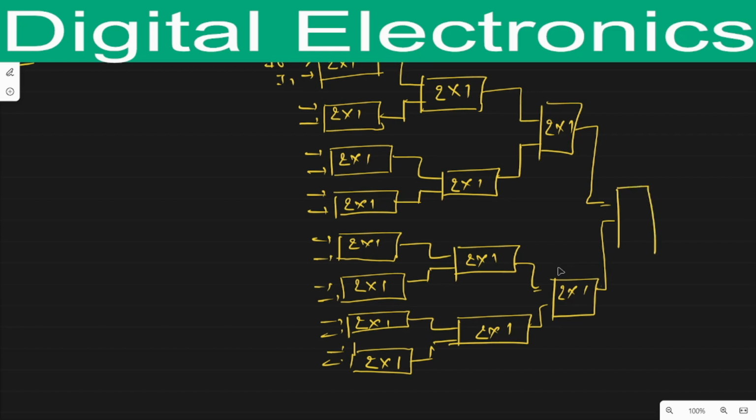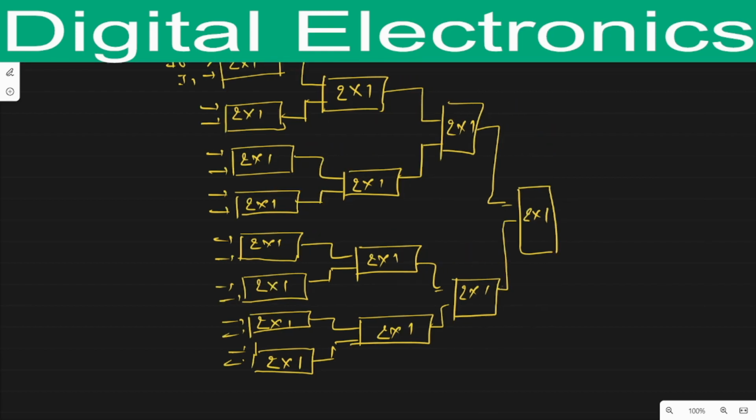So here we will get 2 cross 1 mux, and from this we will get the output. So overall there are 16 inputs and one output.